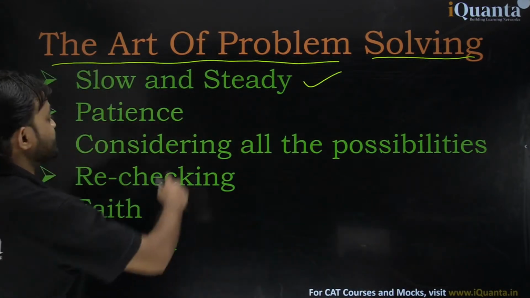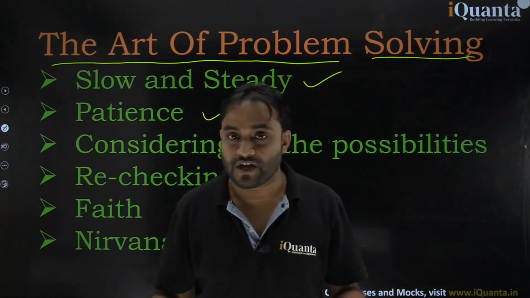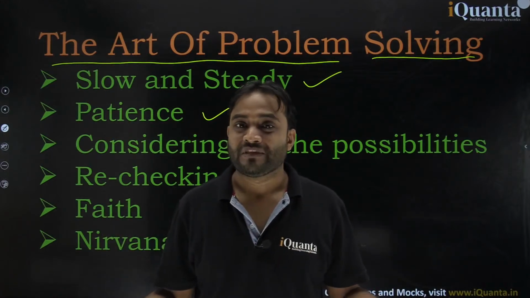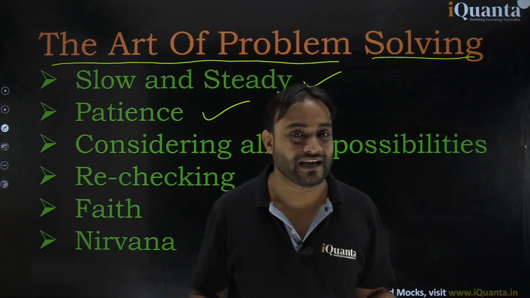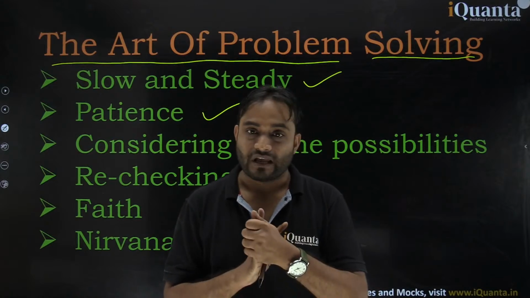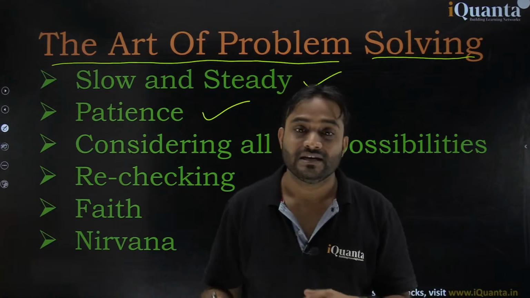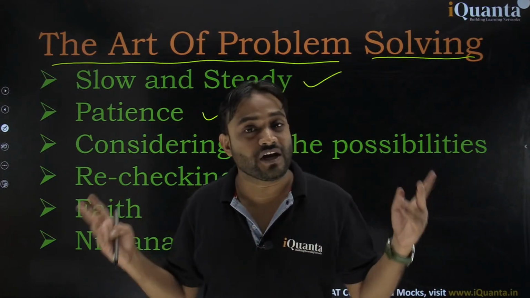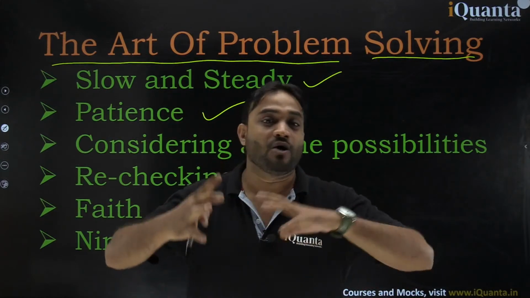Now next is patience. If there are some steps, some procedure, then you will have to go through it. There is no shortcut to every question, especially in LrDi. So what you need to do is have some patience. If there is information given, go through all of it, read it, try to make something out of it.